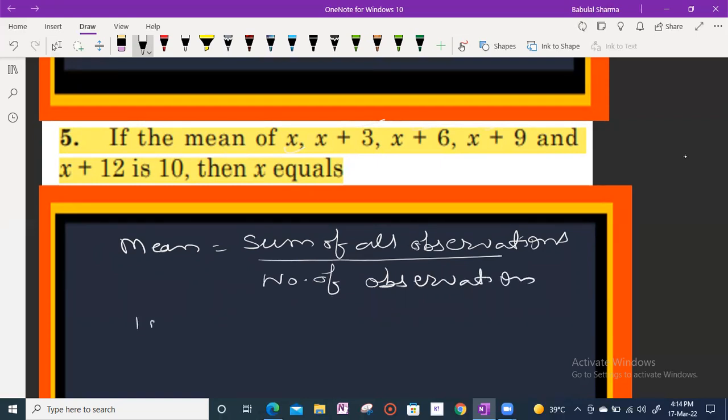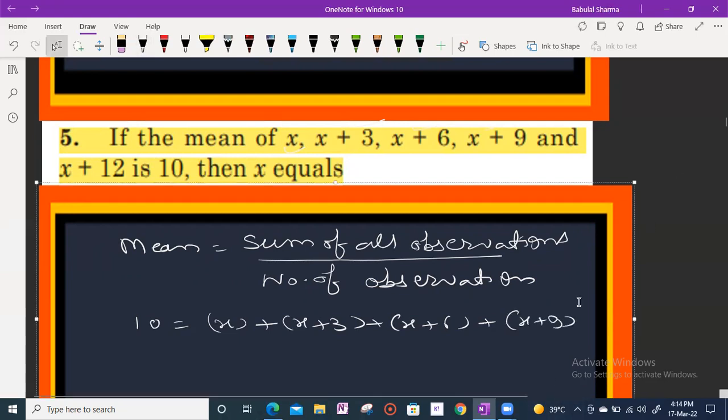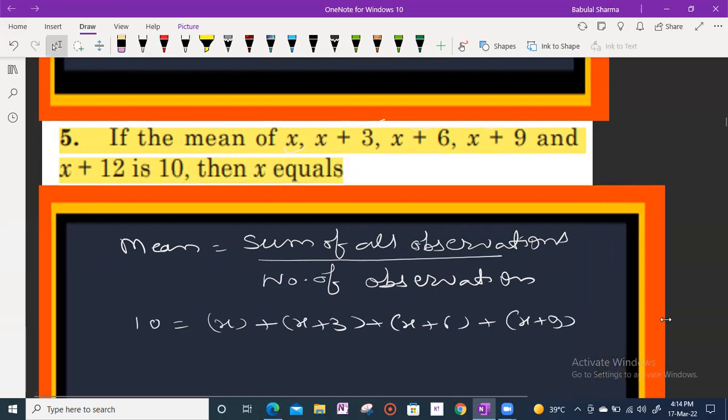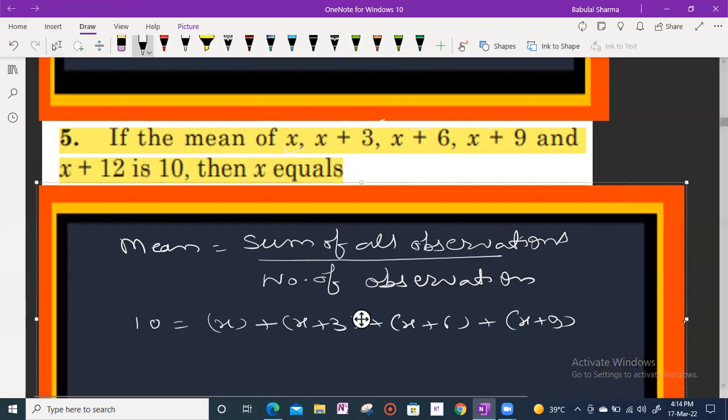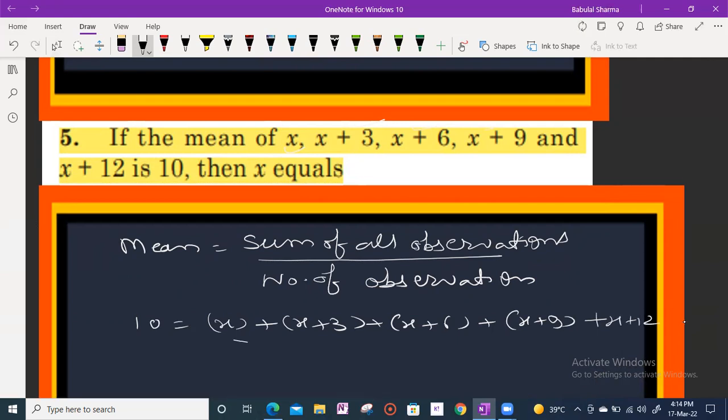Mean is already given, that is 10, and the sum of all observations is x plus 3 plus x plus 6 plus x plus 9 plus x plus 12, divided by 5, because these are 5 observations.